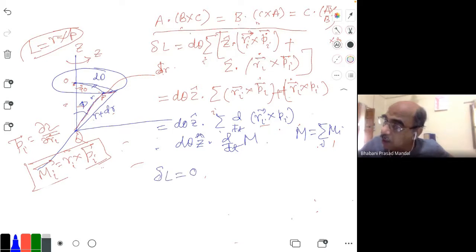So that means d theta times d/dt of M_z, where this is the z dot product with total M, will be 0.